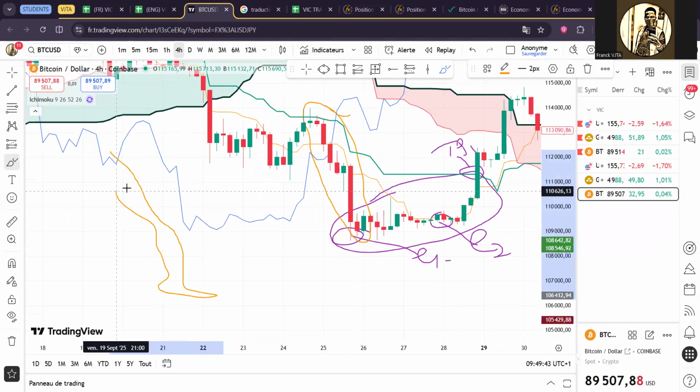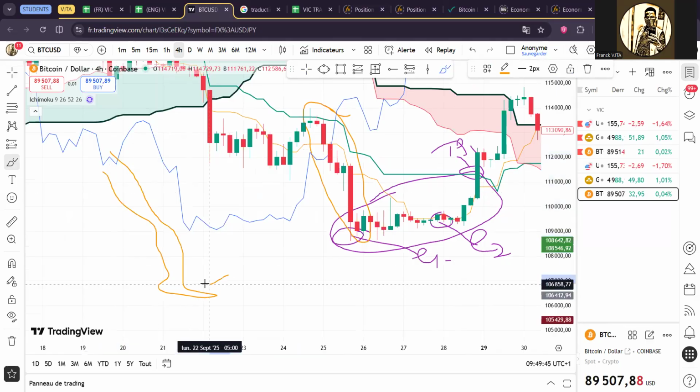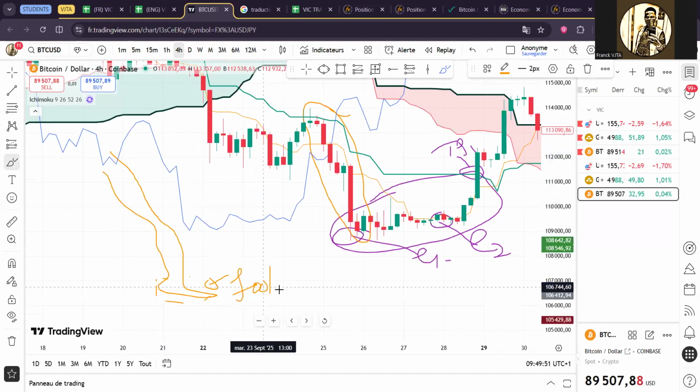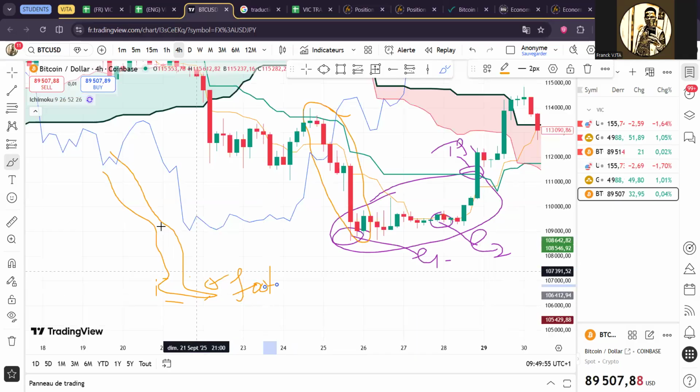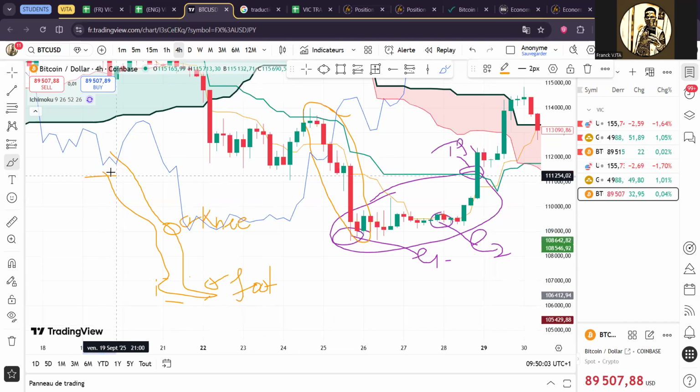This will be the feet, the foot. The foot, football, feet. And then at this point, you have what? The knee, right? And then at this level, we have what? The waist. This will be the waist.